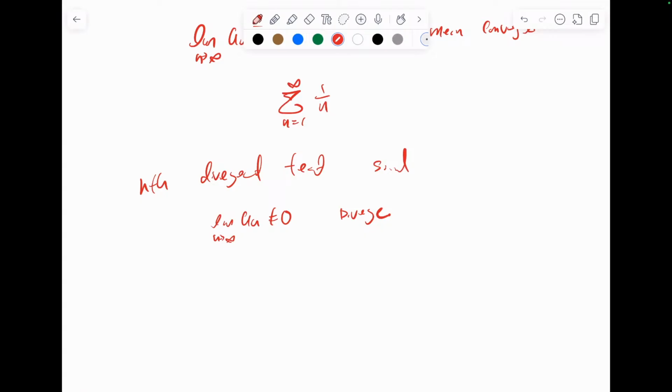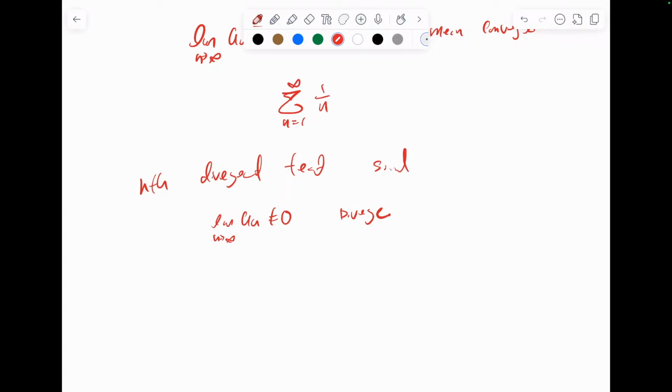However, you can say a different statement, which is actually interesting. You can say the other way around, but you have to say it in a very delicate way.